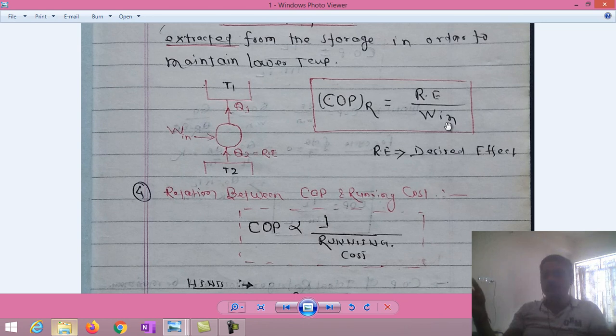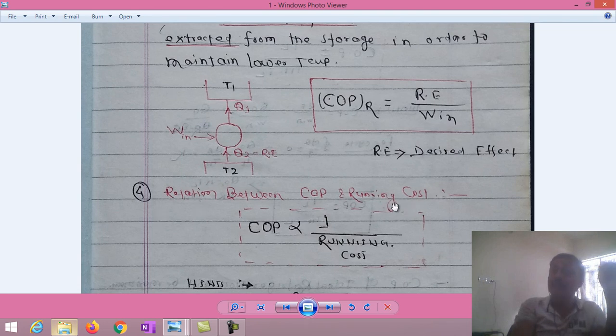You might have seen the refrigerator in your house has an electrical cable. When you supply this electrical power, the refrigerator starts running. So this is called work input. This is power input. Okay, so this is the relationship between COP and running cost. What is this running cost? Running cost stands for this power input.